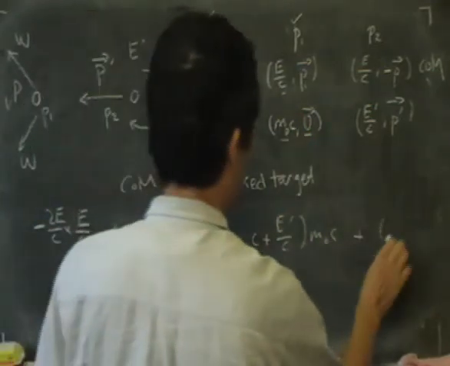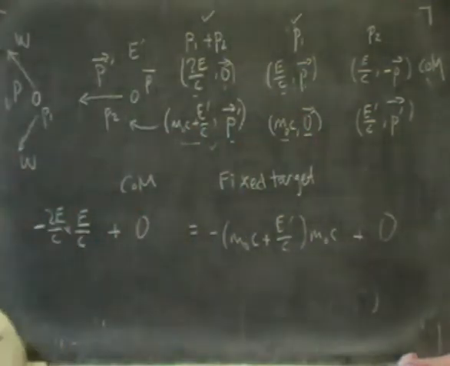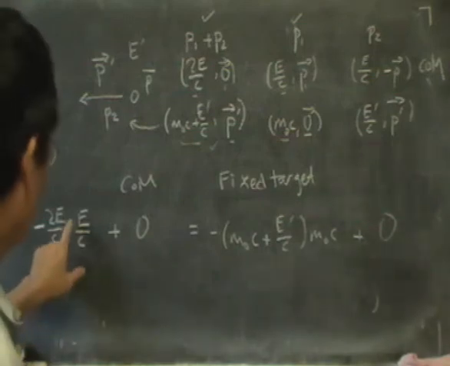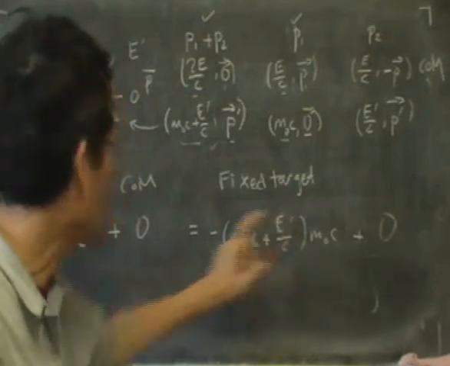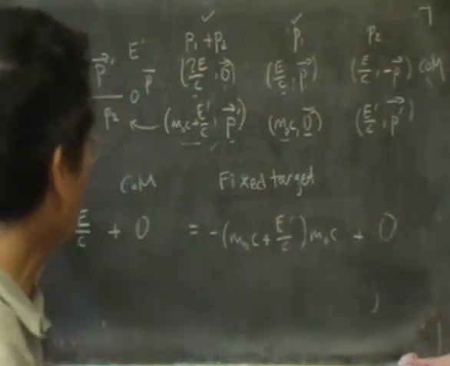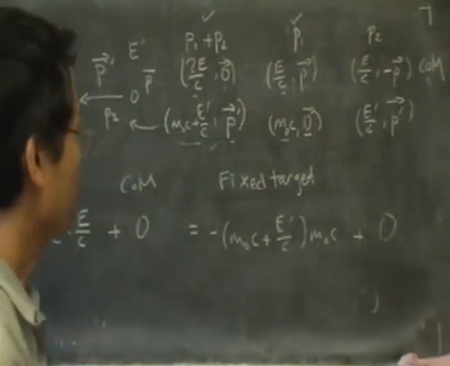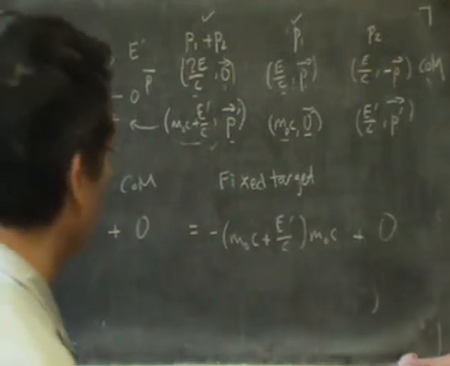Since that's 0, that's 0. And it looks a lot simpler now. I have the e there, I have an e prime there, which I want to relate to the e, and there is no more p prime. So all I need now is to solve for e prime.